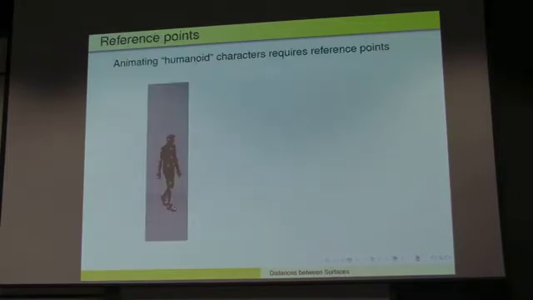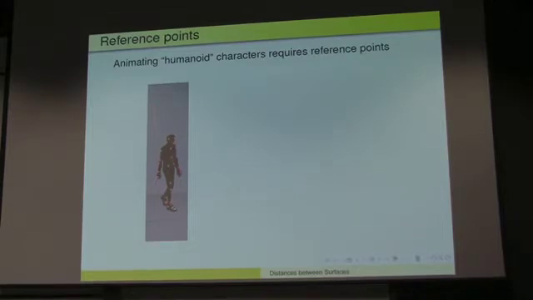And another problem about recognizing objects and identifying special features of them is something we come across in animation as well. When they have humanoid characters, they actually first have actors go through motion, and they do what they call motion capture.